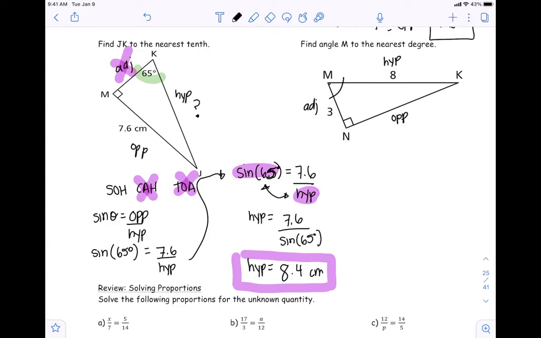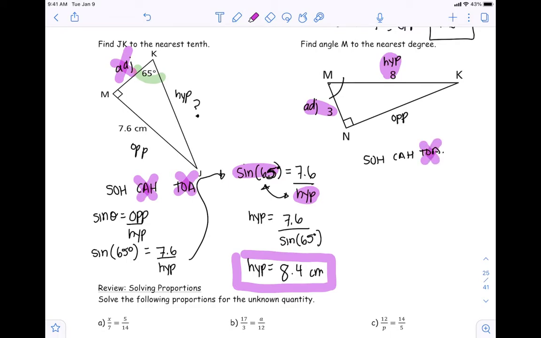So it tells us that we want to find M, which means that we need to use this and this because those are the only numbers given. You can't solve for an unknown angle if you don't have two sides. So I need 3 and I need 8 to be included. When I have SOHCAHTOA, I need to make sure the opposite is not part of it because I don't have the opposite side length.